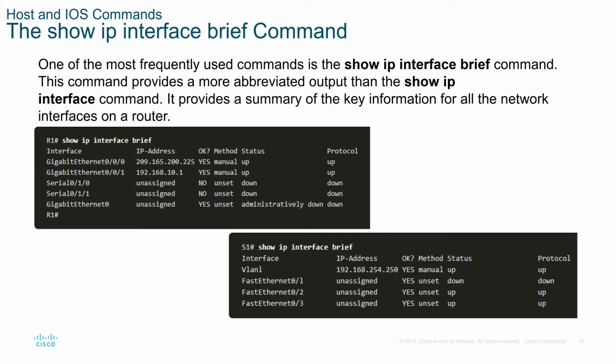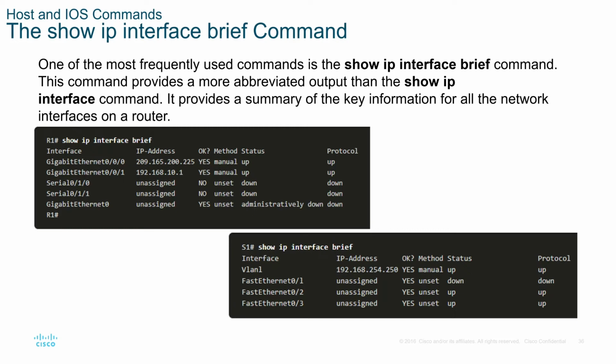The show ip interface brief command is extremely handy. The command provides a more abbreviated output than the show ip interface command. It provides a summary of the key information for all network interfaces on a router. As we can see here in the show ip interface brief, it also tells us, besides the IP address, whether the status is up and the protocol is up.